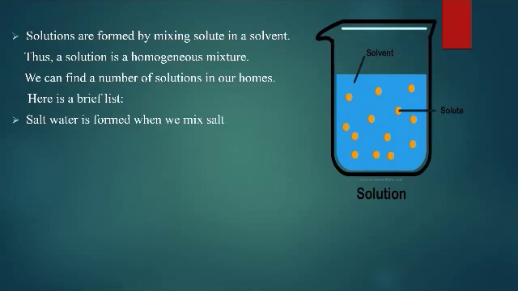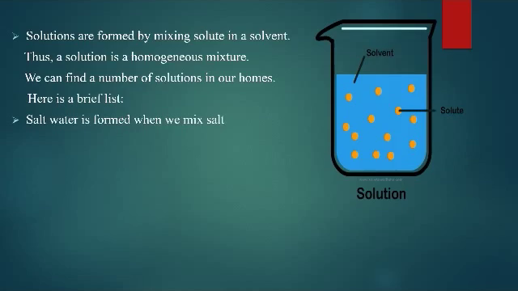That is, a solution is a homogeneous mixture. So far as we cannot use filtration to separate a solution, it becomes a homogeneous mixture. It means that the two substances are uniformly mixed together.